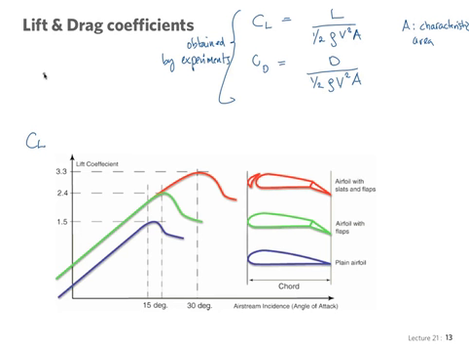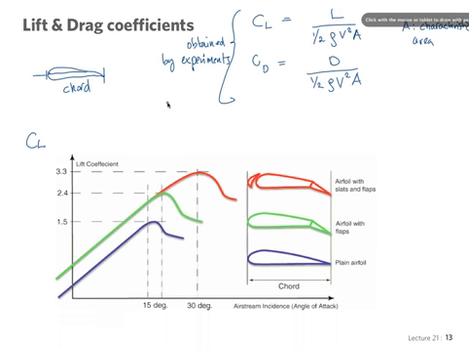So to remind you of the nomenclature of an airfoil, we have the chord, which is this distance here, and there's a line between the leading edge and the trailing edge. The angle of that line is called the angle of attack, and normally the plots of lift coefficient are provided with respect to the angle of attack.